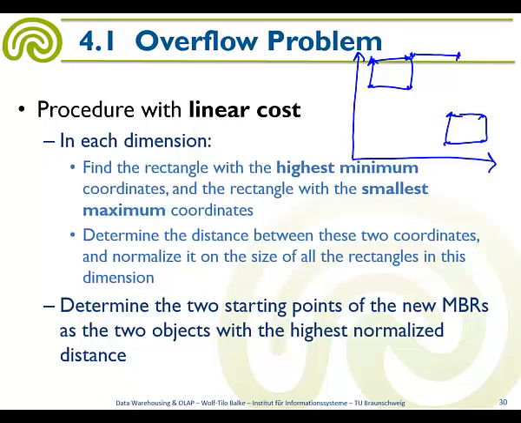With the quadratic cost and the naive one, you had at the end to look at all the different individual points and do a comparison between them. And the idea with the linear cost is why not just look at the extreme points and just compute the distance between them instead of looking at everything that is in the middle.